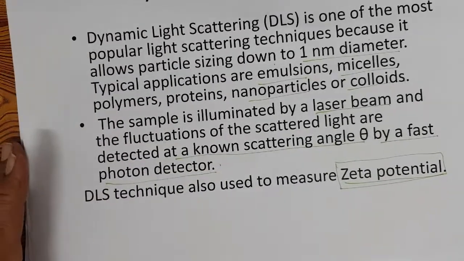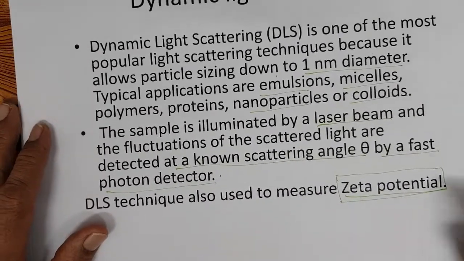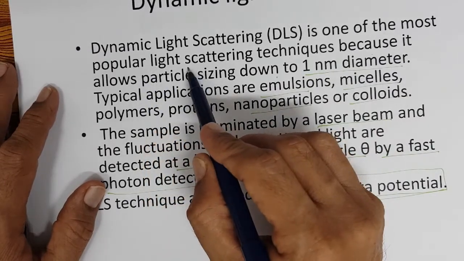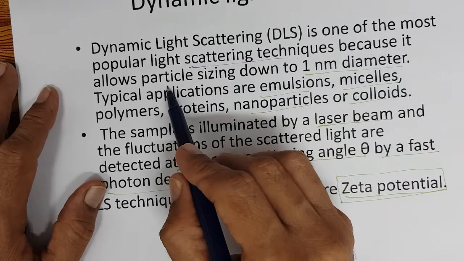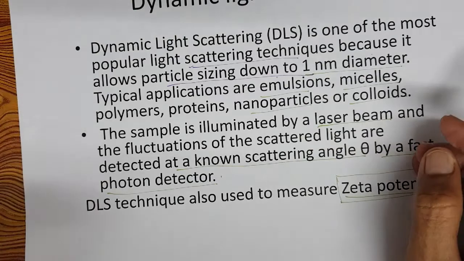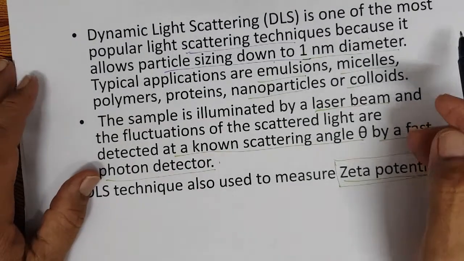So what do we do in the dynamic light scattering technique? It is one of the most popular light scattering techniques because it allows particle sizing down to 1 nanometer diameter. It can measure very low particle sizes.